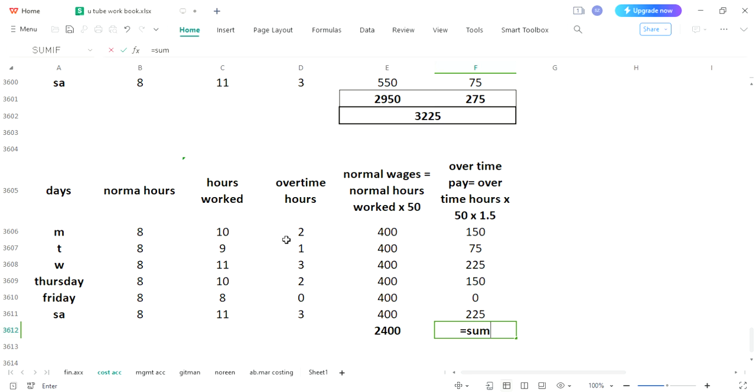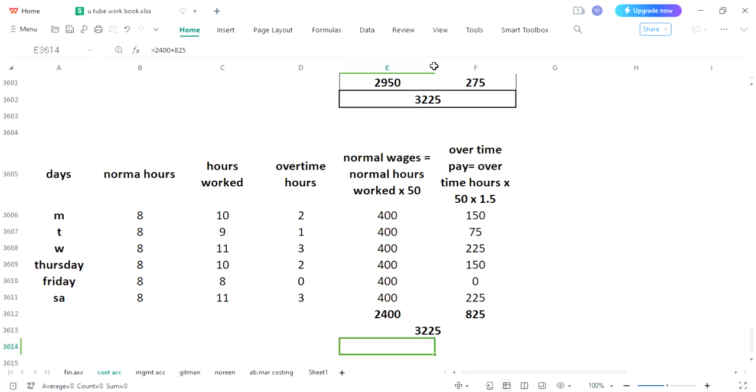Again, you will take the sum of overtime payment, and finally you will calculate the total sum. To calculate your total sum, you will add normal wages 2400 and then add 825, your overtime payment. So this way, 3225, you can see the answer.